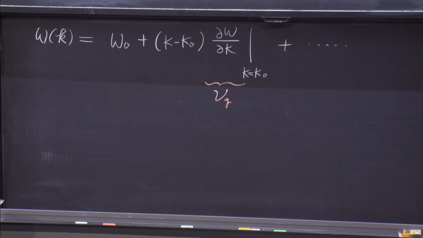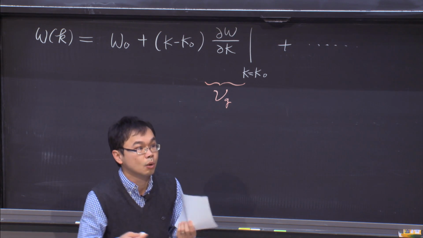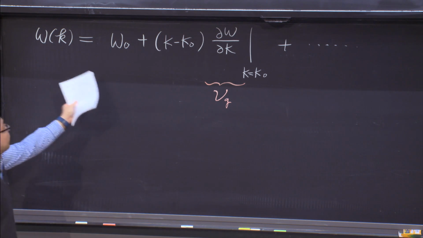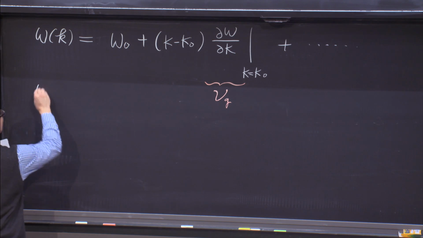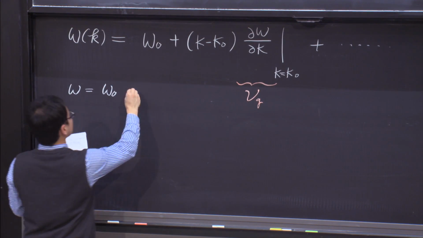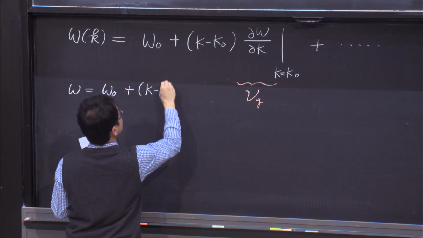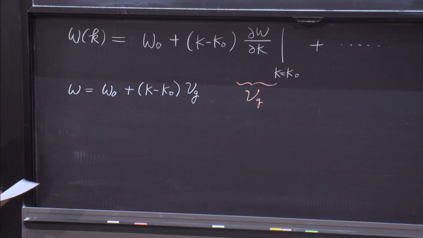Okay, so if I focus on the region around omega 0, then I can rewrite omega in this functional form: omega is equal to omega 0 plus (k minus k0) times vg, which is the group velocity. Okay?